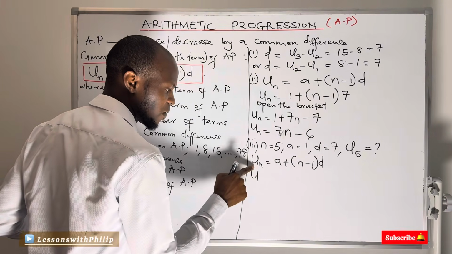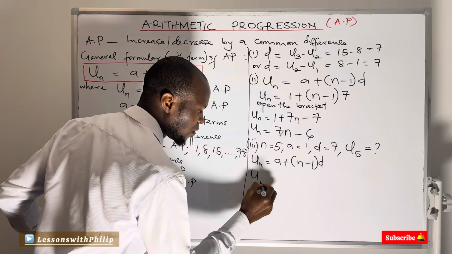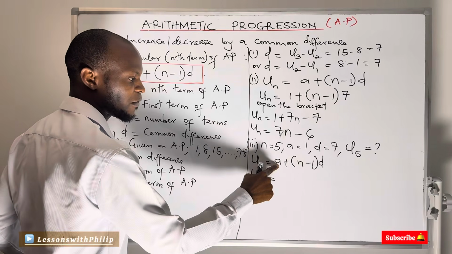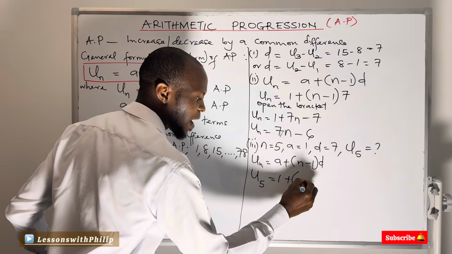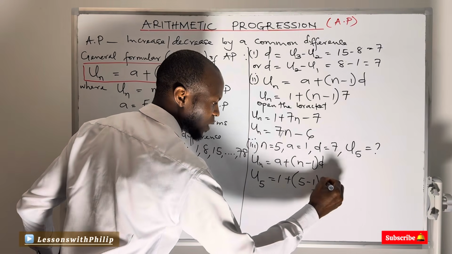Now therefore, this is the formula. My u5, my fifth term, will now be equal to my first term, which is 1, plus my n, which is 5 minus 1, multiplied by my common difference, which is 7.